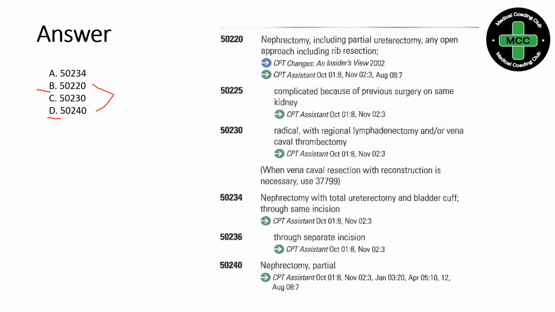So see the description. 50220 is nephrectomy including partial ureterectomy, any open approach. In our procedural note, if you read the entire question, you will understand that the procedure was done through an open approach.